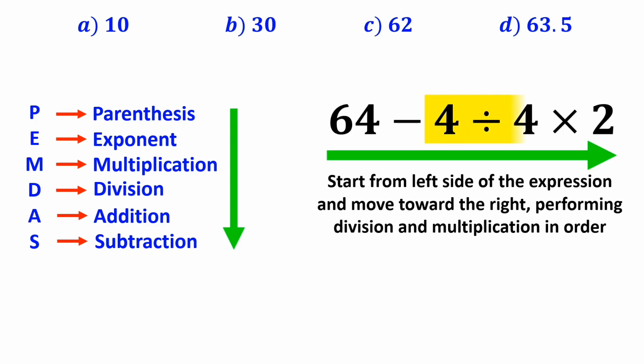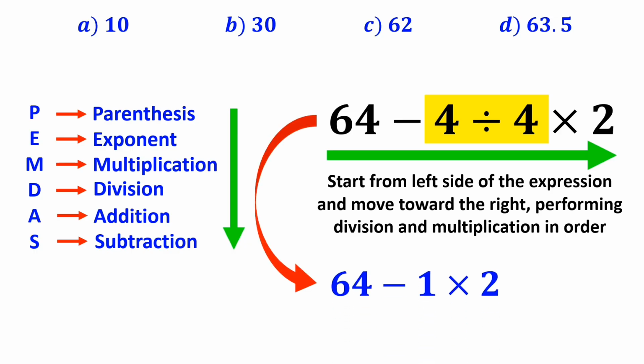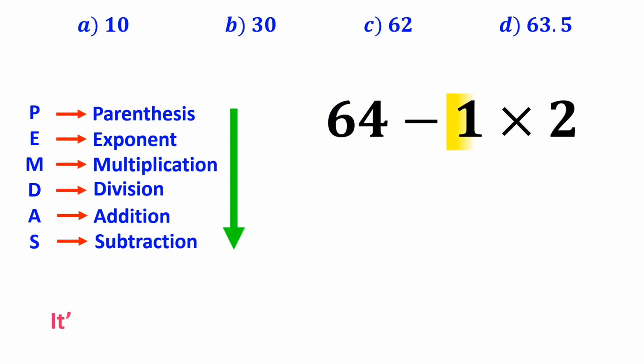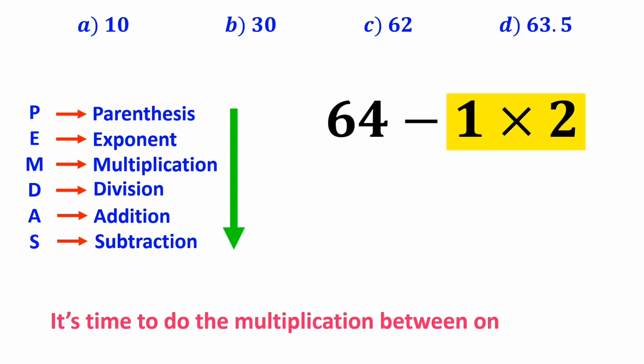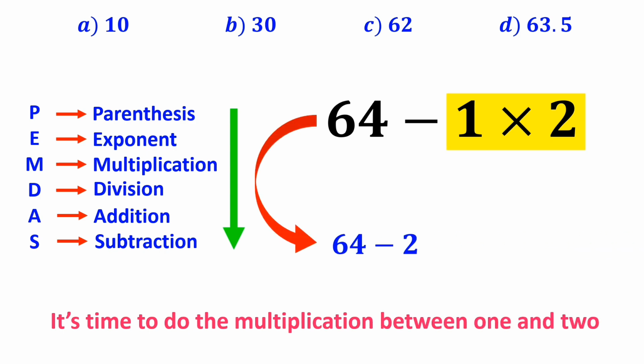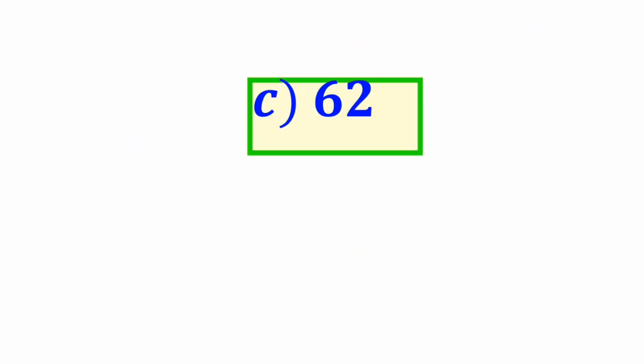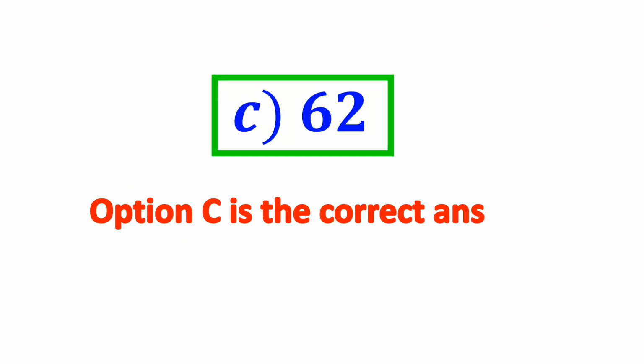So, first we perform the division between the 4's, and this expression simplifies to 64 minus 1 times 2. Alright, it's time to do the multiplication between 1 and 2, which gives us 64 minus 2. And finally, the value of this expression is equal to 62. Therefore, option C is the correct answer to this question.